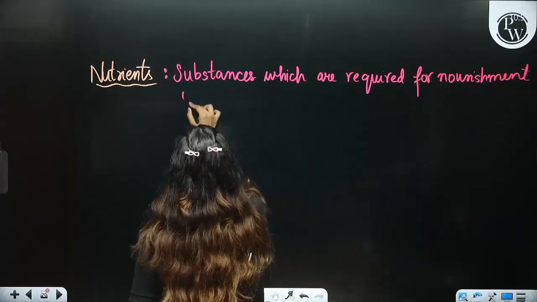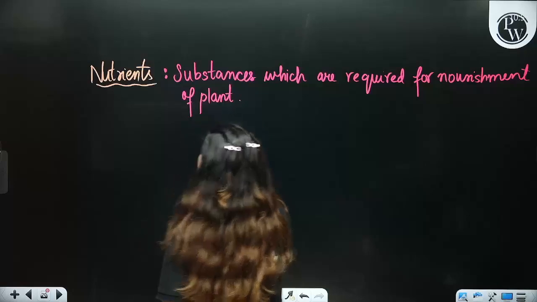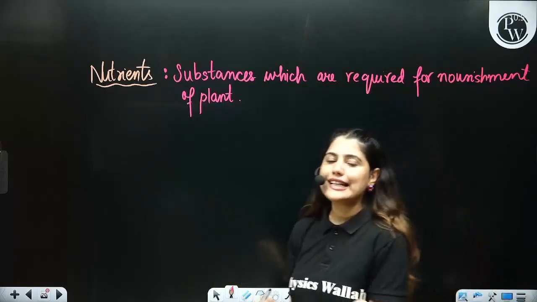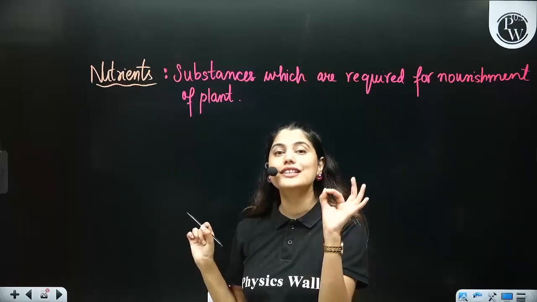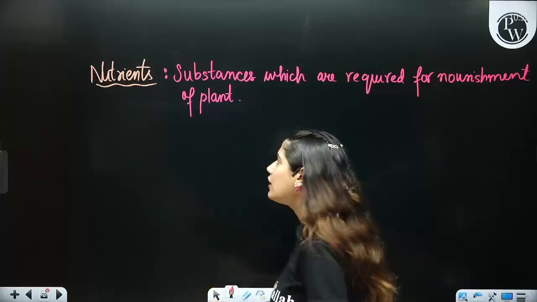Now, if we talk about these nutrients, plants require 16 essential nutrients for their growth, right?